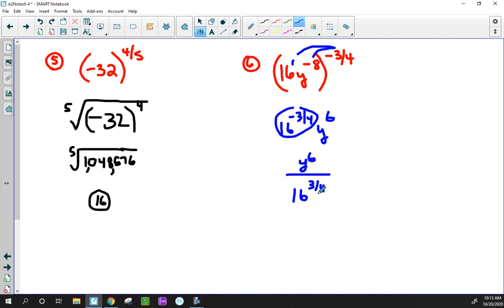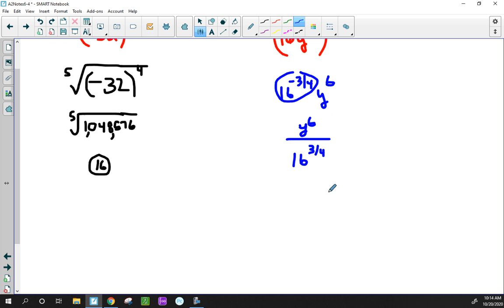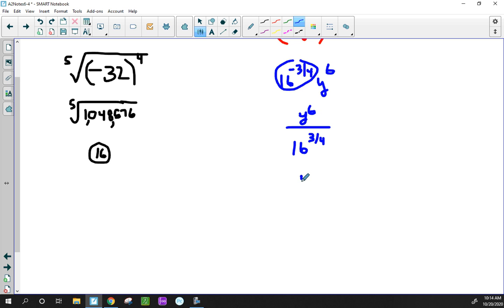When I see a fraction power from now on, my brain has to think radical, and we are not allowed to leave radicals on the bottom of division problems. So this is not simplified. One thing you can do is see if turning this into a radical will help you simplify it. We can try that, just like we have in the last few problems.